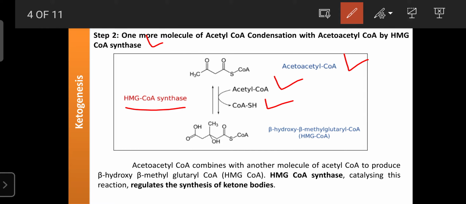The newly formed compound is beta hydroxy beta methyl glutaryl CoA, also known as HMG CoA. So this is the second step involved in the ketogenesis.